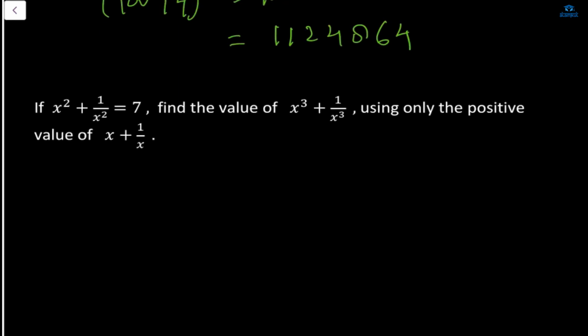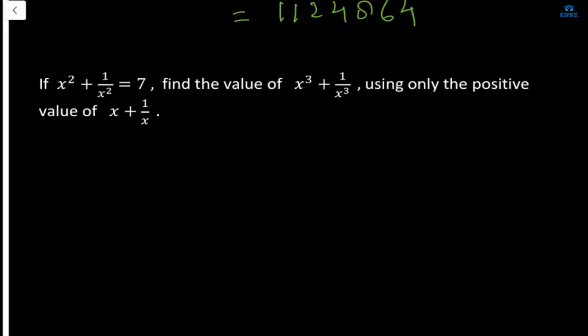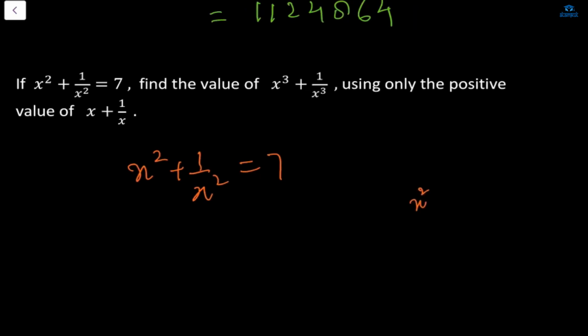So first of all, let's see x squared plus 1 upon x squared. a squared plus b squared plus 2ab. If we write x squared plus 1 upon x squared is equal to 7, you can write it as a squared plus 1 upon b squared plus 2ab. So you'll get only the 2 here. 2 is not here; other things are here.